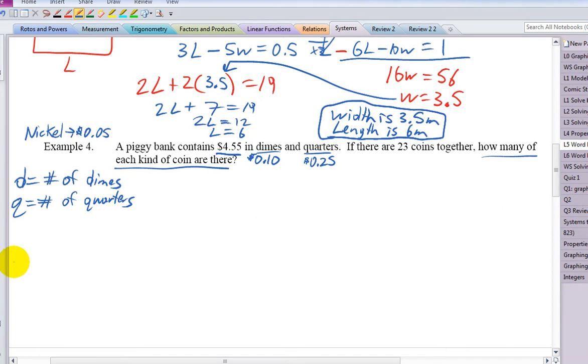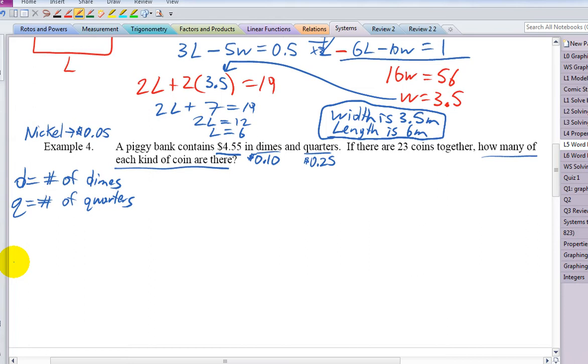A question for you. You go into a store, you have 3 dimes. How much do you have? How did you figure that out? No, okay, so 3 times 0.10. What are those two things? Yep, thank you.